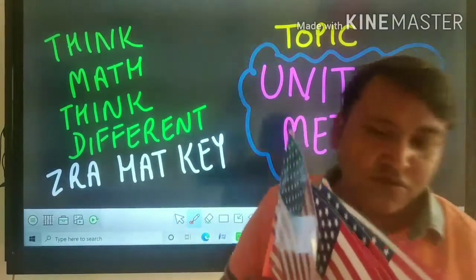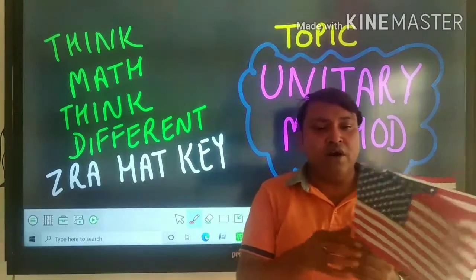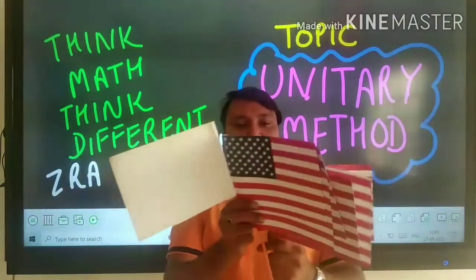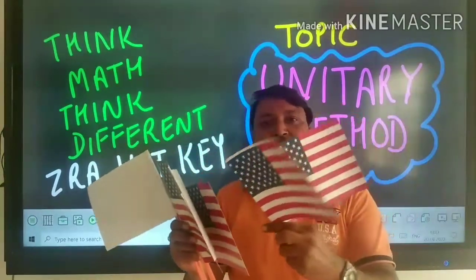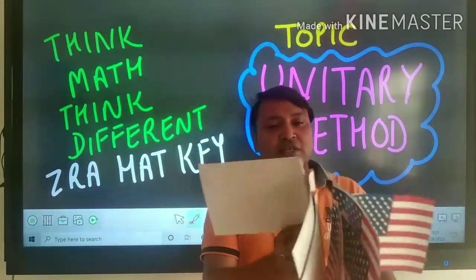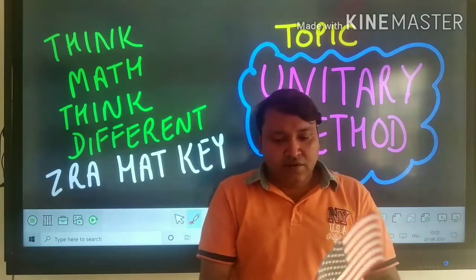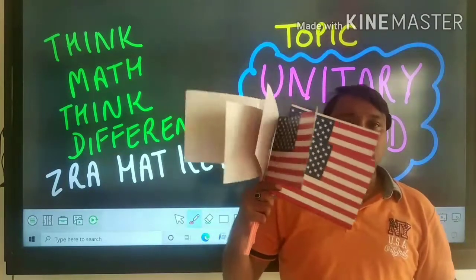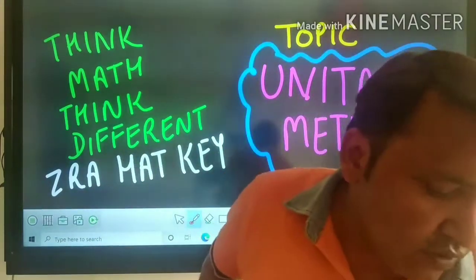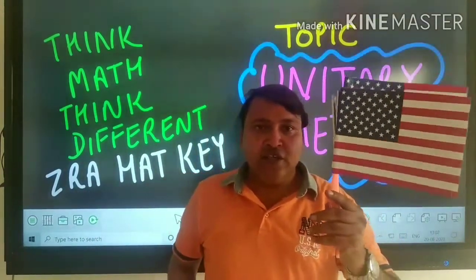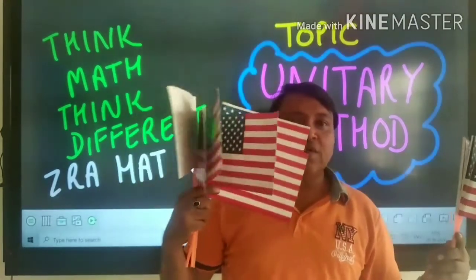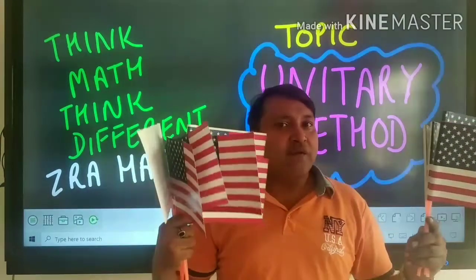Okay, so you see how many are these? 1, 2, 3, 4, 5, 6 and 7. So the 7 flags are there and I have to find the cost of these. So in my left hand this was the given part and in my right hand this is the part whose value I have to find.